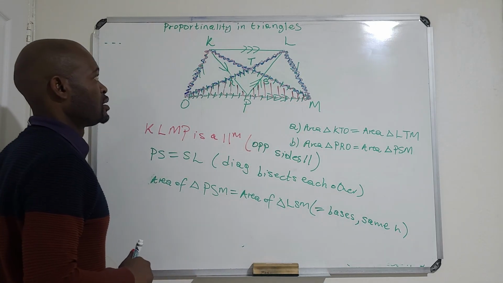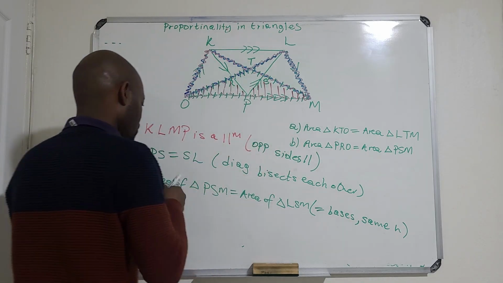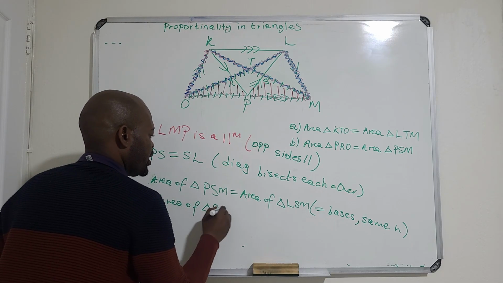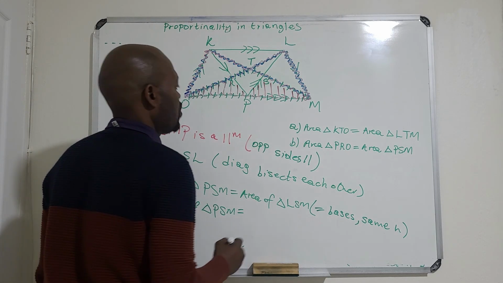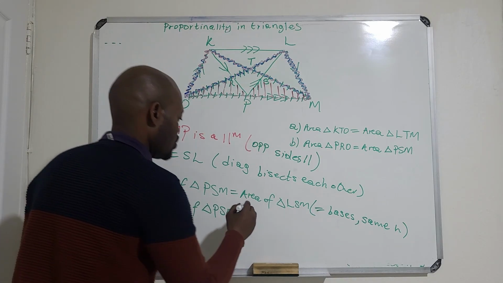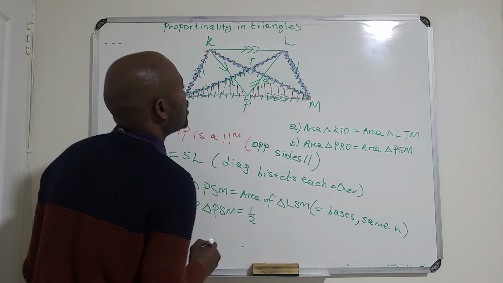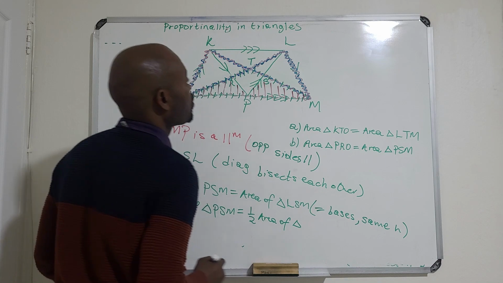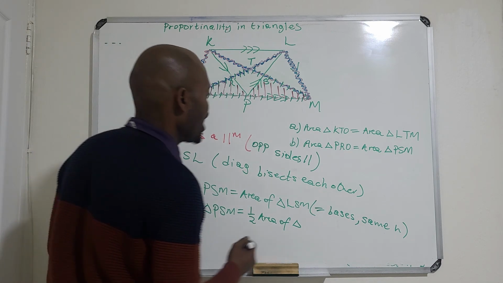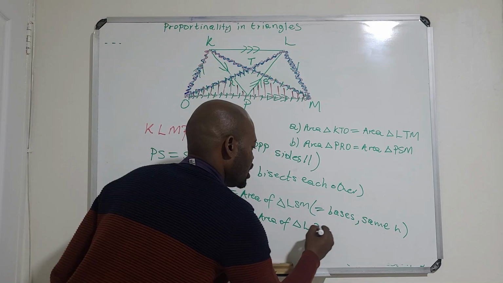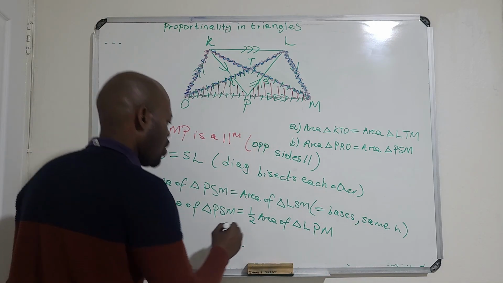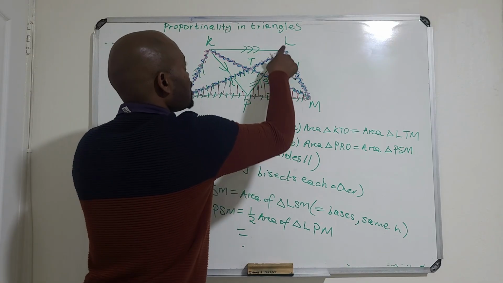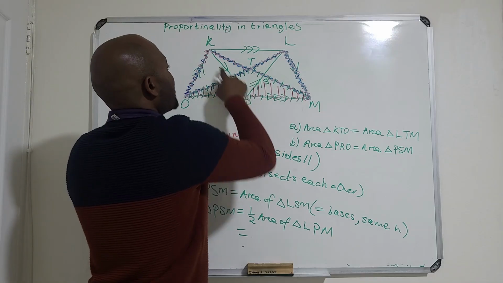Since they've got equal bases and the same height, this triangle is equal to that triangle. The area of triangle PSM is equal to half the area of triangle LPM, which is also half that.